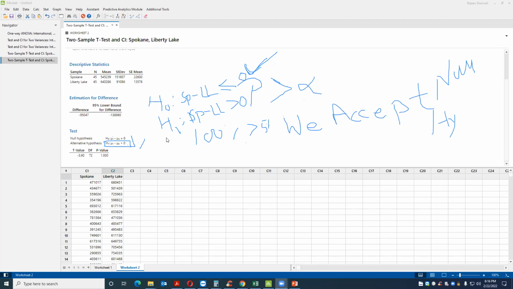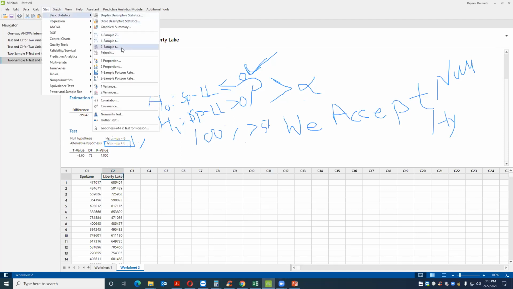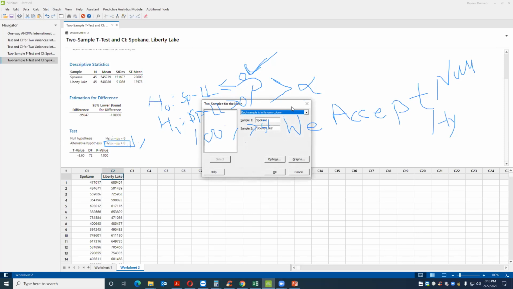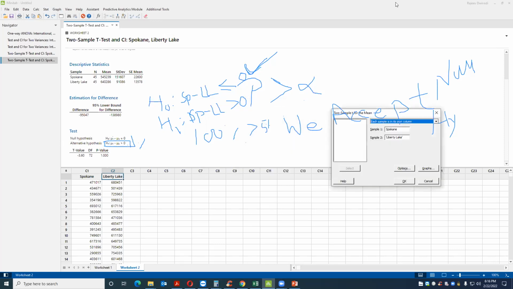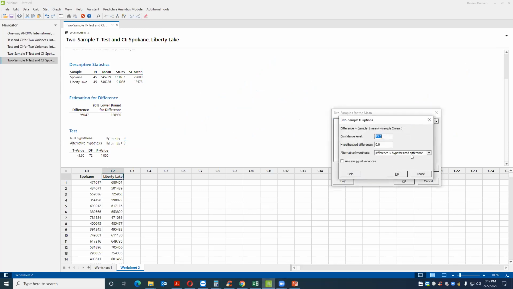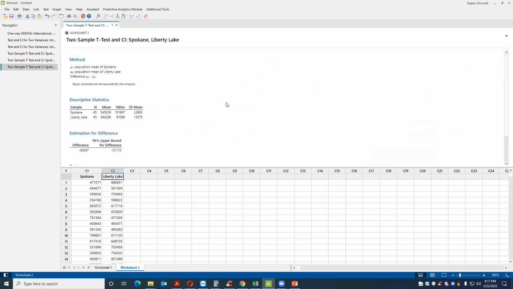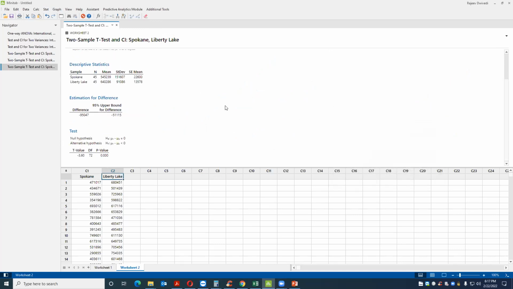Spokane prices. So I'm just going to do the same with the third option. Let me clean this. Now I'm going to choose difference is less than. Okay. And here you can see the p-value is less than alpha, which is correct.